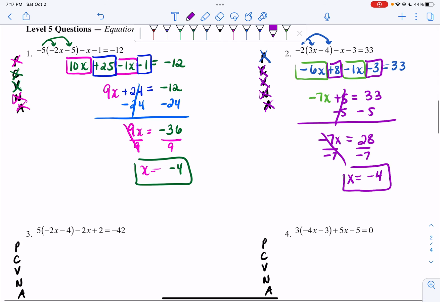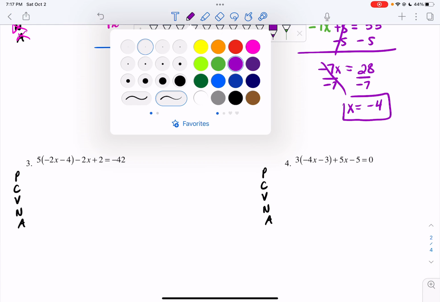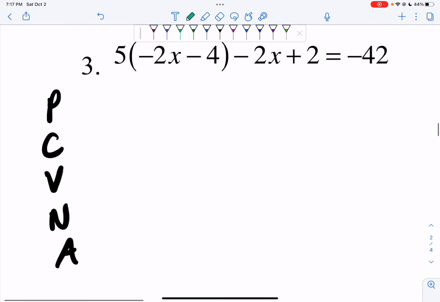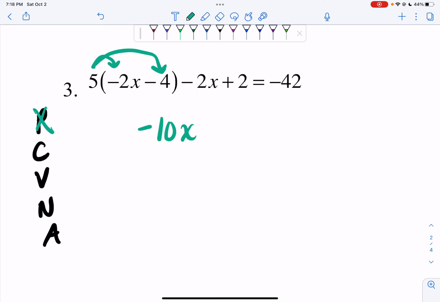Okay, 2 more. Number 3. 5 times negative 2x minus 4 minus 2x plus 2 equals negative 42. I have parentheses, so I have to distribute. 5 times negative 2x is negative 10x. 5 times negative 4 is negative 20.